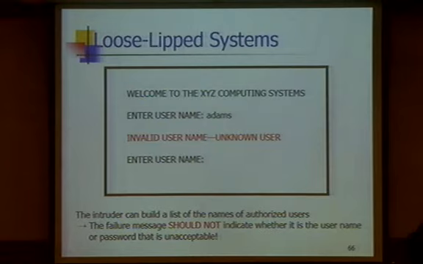So by using this information, the attacker can build a list of names of the authorized users. In password systems, the failure message should not indicate whether it is the username or password that is unacceptable.